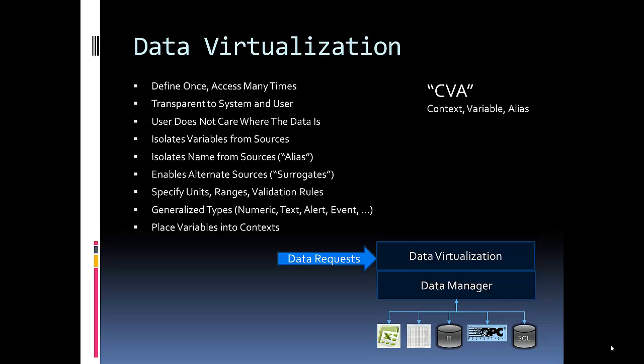Also within the data virtualization layer, we specify the units of measure and various kinds of ranges and validation rules that apply to the data. So there may be a range that the value should be between 0 and 10,000, and anything outside of that range is obviously invalid.